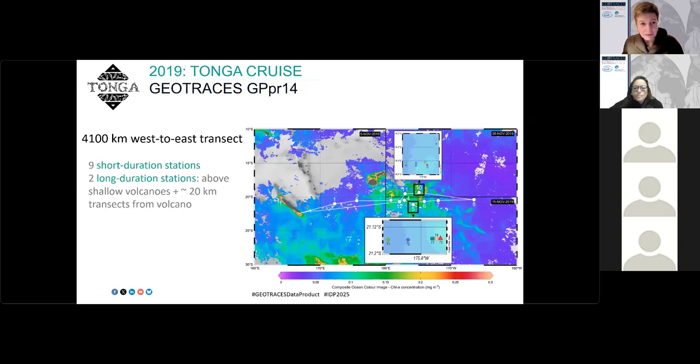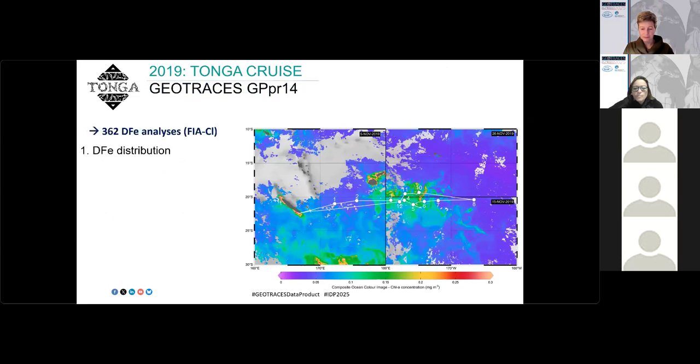So we conducted 9 short duration stations and 2 long duration stations along the arc. The long duration stations include additional short transects from shallow volcanoes to the deep waters. We collected and measured the total dissolved iron in 362 samples to determine its distribution along the transect using flow injection and chemiluminescence detection.